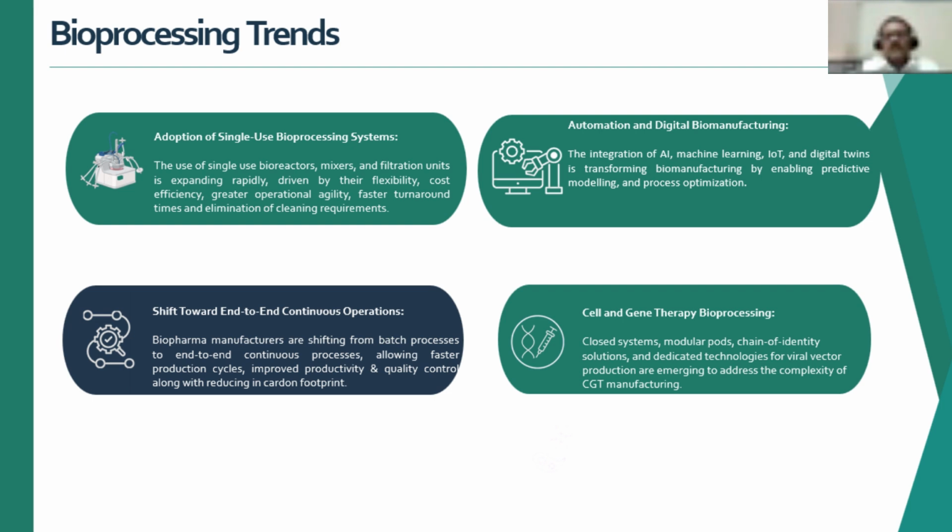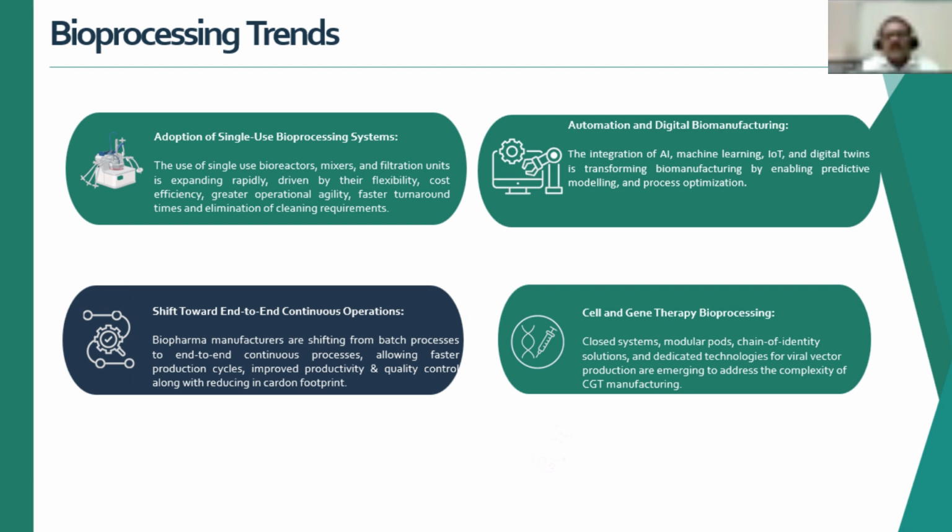Instead of batch processing, producing one batch of a biological product, doing continuous processing using perfusion technologies or other real-time monitoring technologies allows faster production and with a reduced carbon footprint.